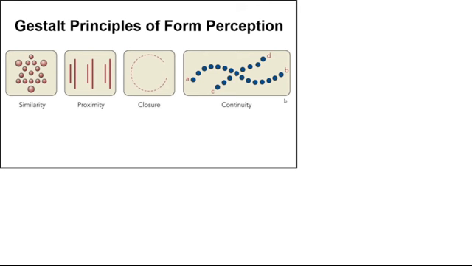Sometimes. For our principle of closure, we have a tendency to sort of continue and fill in for missing information. And this can kind of go back to that idea of occlusion. So when I'm standing at the front of the room lecturing, you can only see my upper body. But you don't assume that I'm a floating upper body. You assume that you just can't see the rest of me.